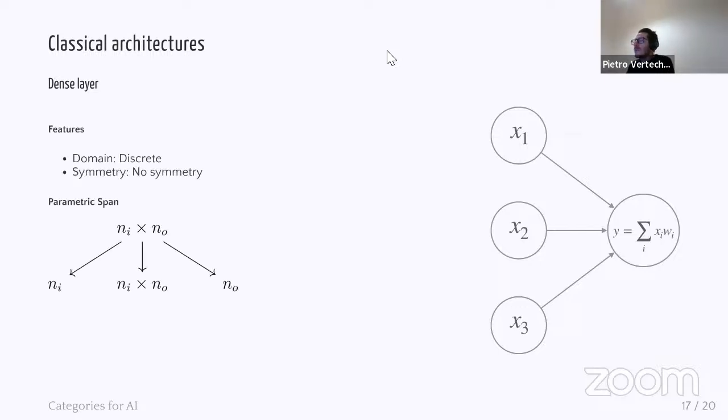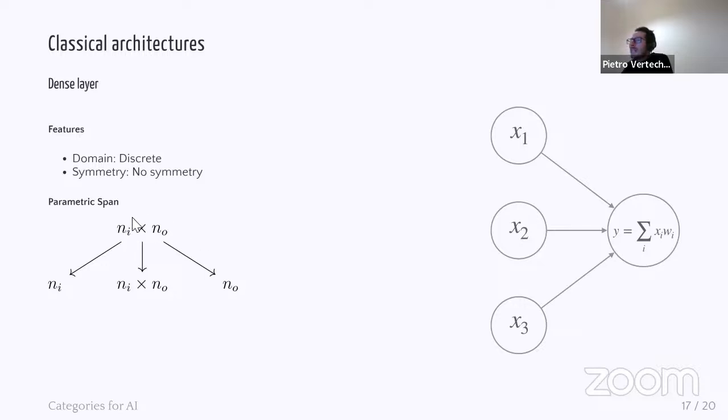So in practice, we are working on a discrete domain, just a bunch of points, and there is no symmetry, no structure whatsoever. Then the input will be a set with n_I points, the output a set with n_O points, and it's fully connected.